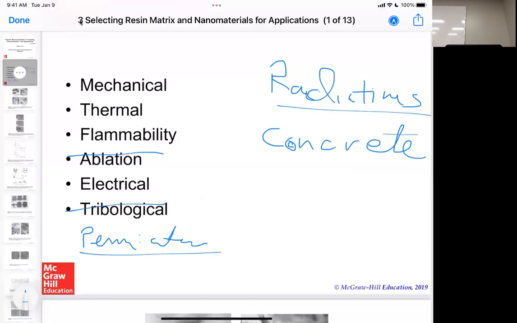We don't go into detail about the polymer reaction with that respective nanomaterial. For example, if we are using carbon fiber reinforced polymers and another nanomaterial with it, we don't see the interaction between these two. We deal with them separately. Okay, so more of a holistic view.